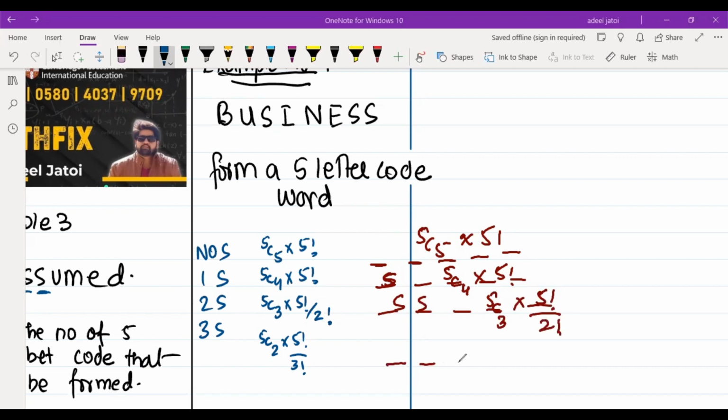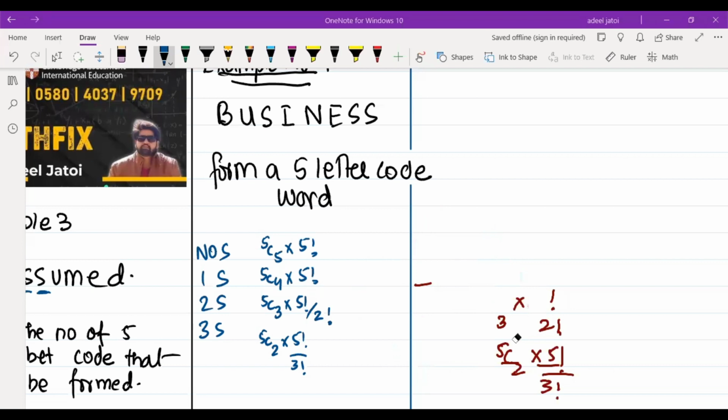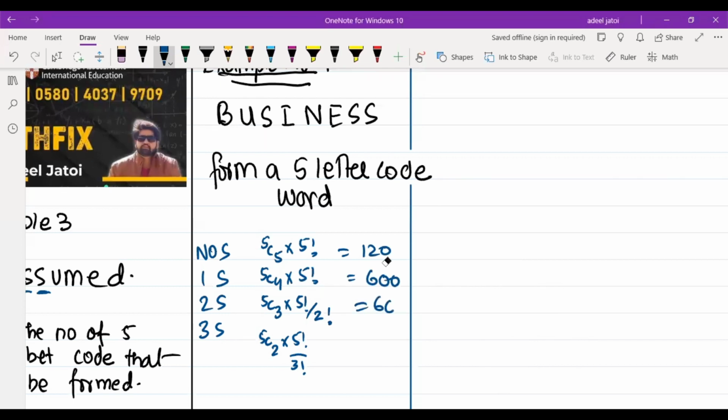Then we have 5C2 into 5 factorial upon 3 factorial, repetition of 3 S's. So in the end, we will have the answers: 120, 600, 600 and 200. So the answer is 1520.